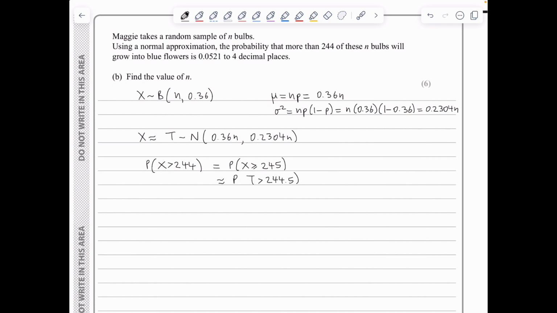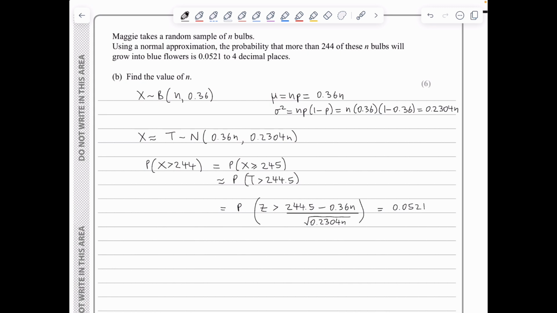And I can now standardize, leading to the probability of Z greater than 244.5 minus the mean of 0.36n divided by the standard deviation, which is the square root of 0.2304n. So this is the standardization, and I've been told that this probability was 0.0521.